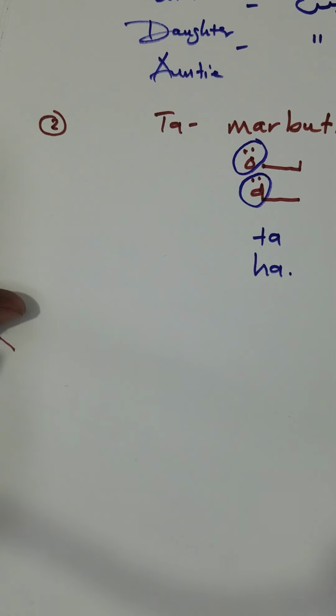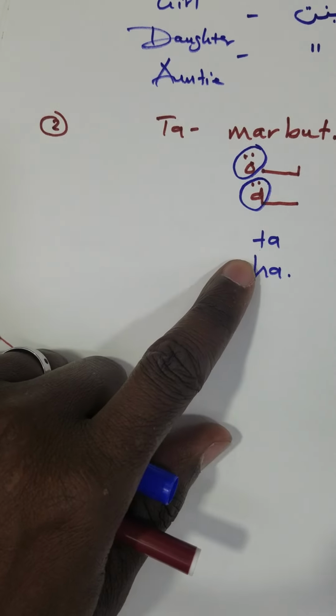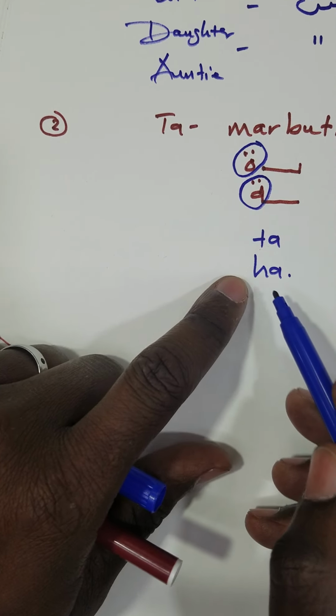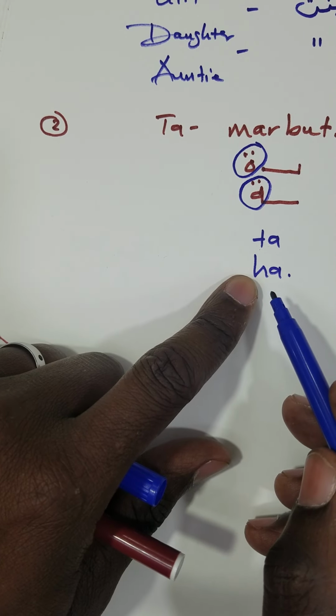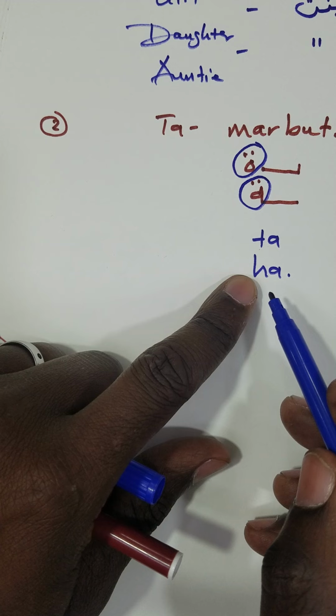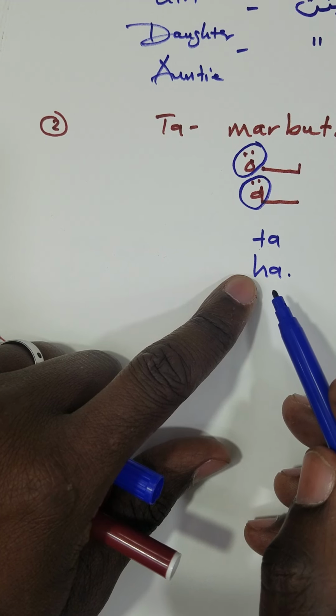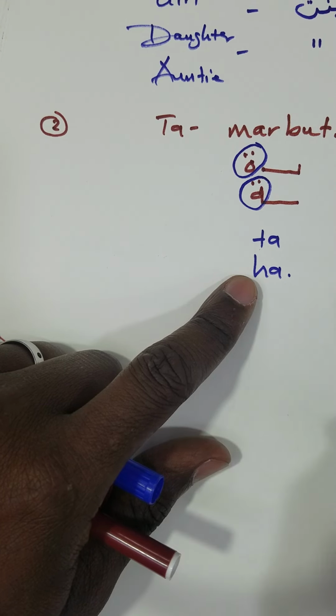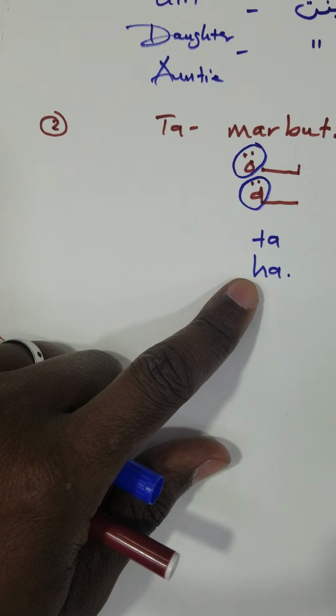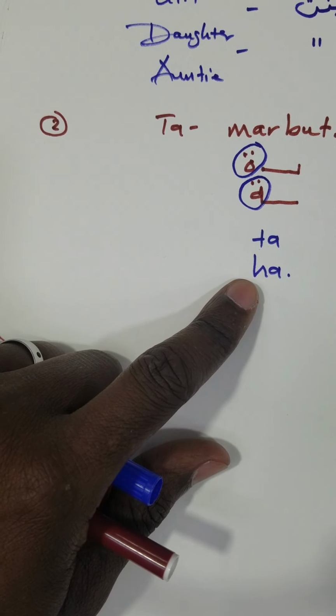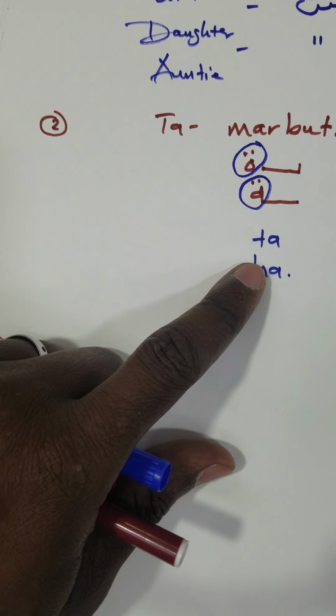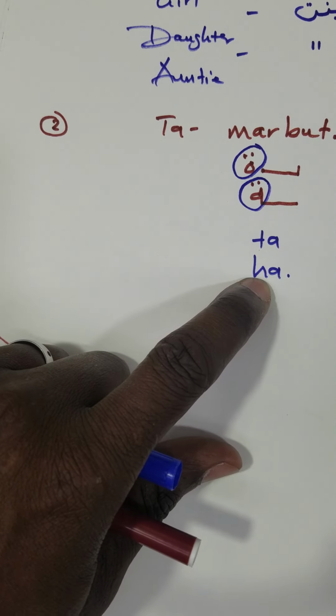So when I say that it can either be ta or ha, we can use the word salah as an example. If salah is ending the sentence, it will take ha.